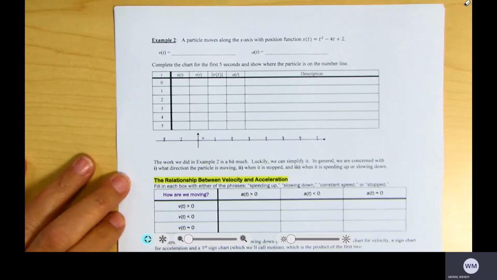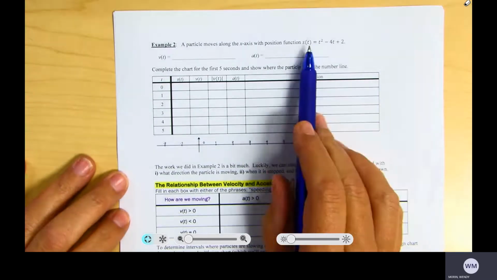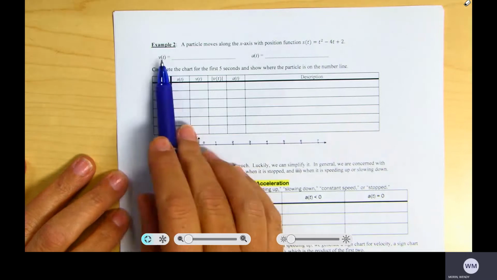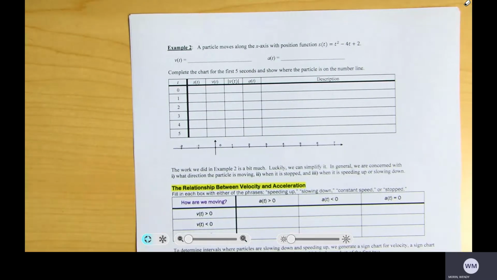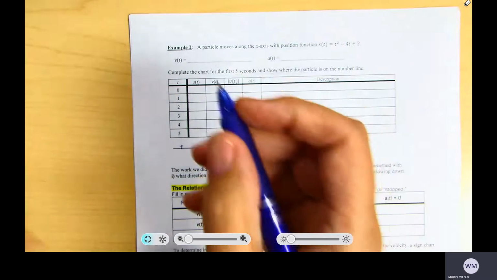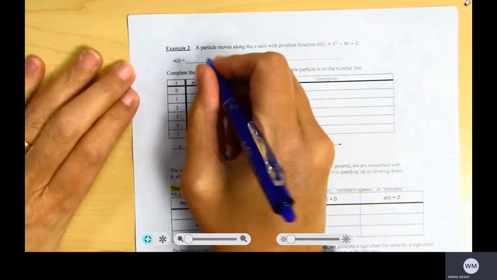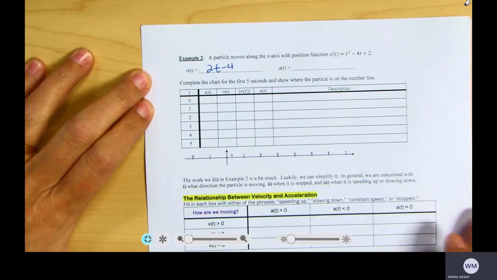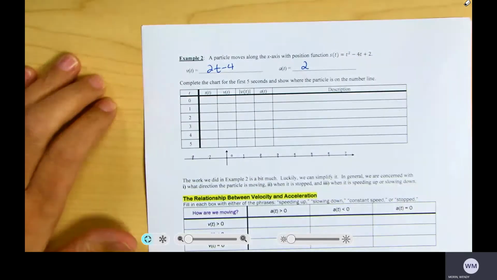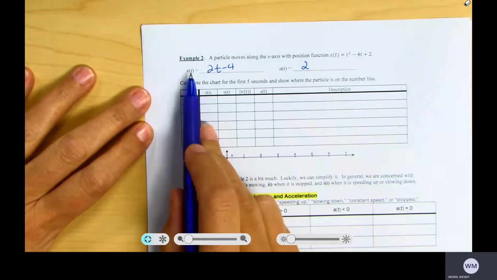Let's take a look at this example. Here's the position function. What's the velocity? Or what's the acceleration? Take the derivative of position, get velocity.